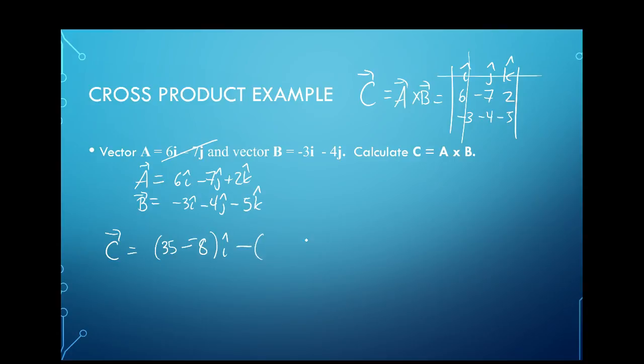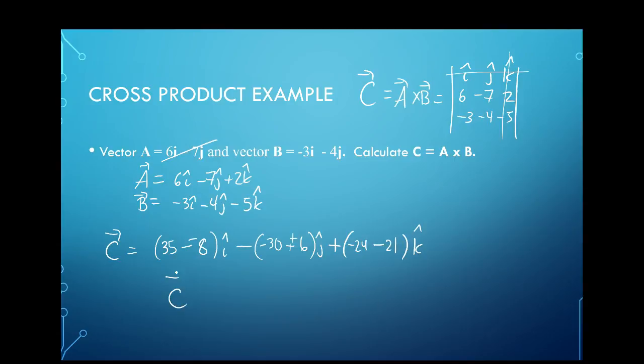And then I put my negative sign, and I cover up my j, and I'll have negative 30 minus negative 6. And cross products are notorious for mess ups with signs, so you have to be very careful. It turns into a plus. And then we'll have a plus again, and we'll have k hat, and we'll have negative 24 minus 21.